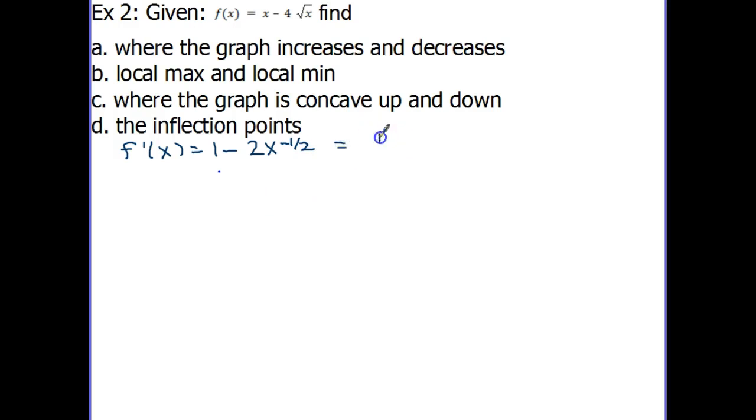You could imagine this as 1 minus 2 over the square root of x. I do like a common denominator, but you don't have to. So it's the square root of x minus 2, all over the square root of x. That makes it so you don't miss those critical points.